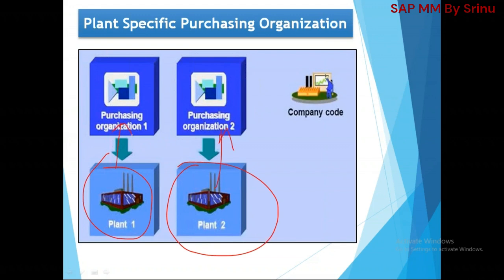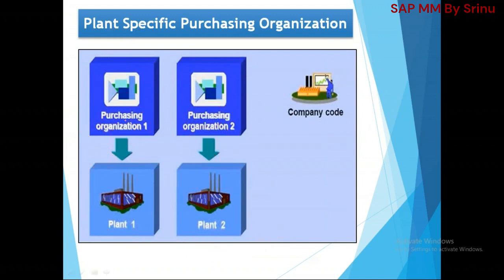Company code will remain the same, but every plant will take care of its own purchasing. Then for each plant, you will create a separate purchase organization and assign it. I'll show you that in the system. So this is called plant specific purchasing organization, decentralized scenario.